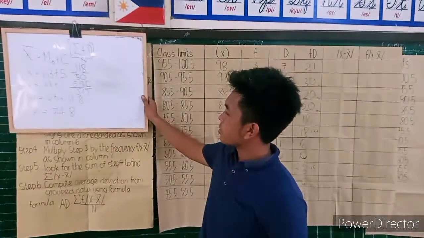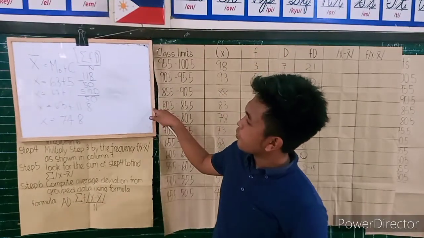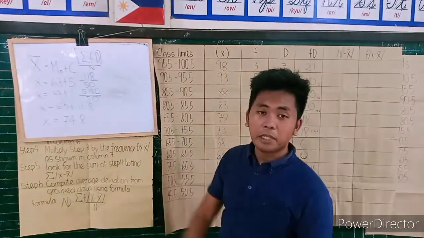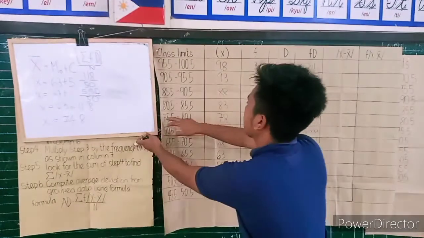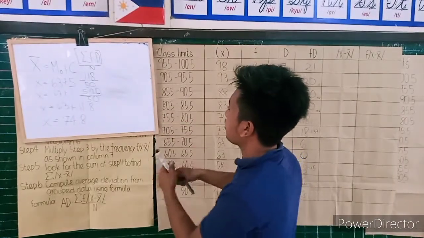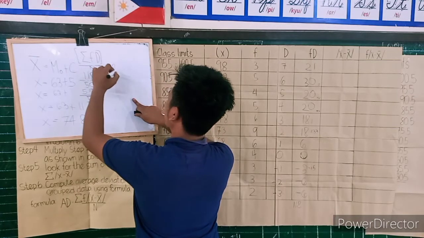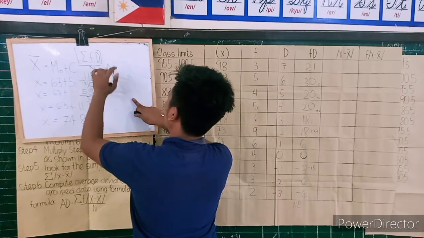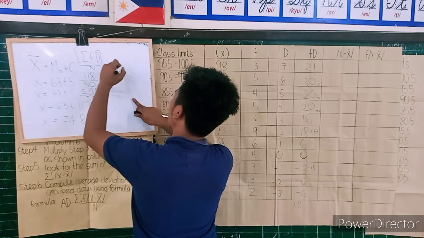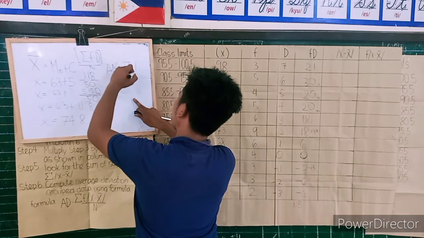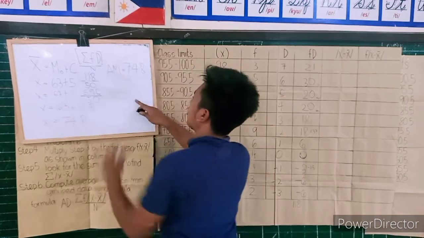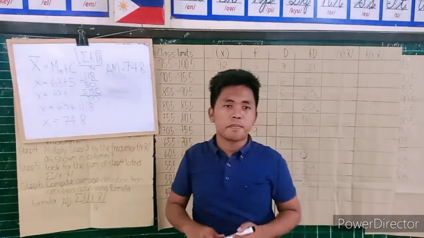Okay? So this is how we get the arithmetic mean. We have 74.8. Take note. Arithmetic mean, we have 74.8. Okay, so that is our arithmetic mean.